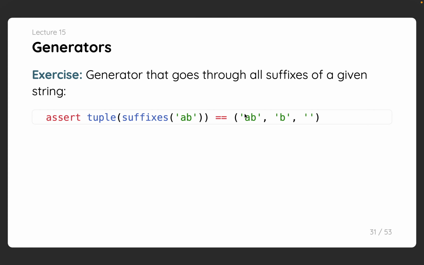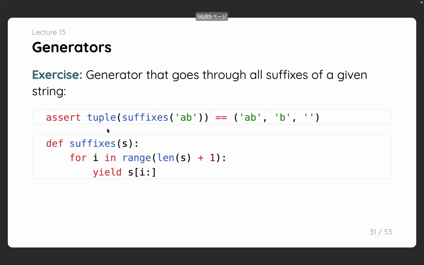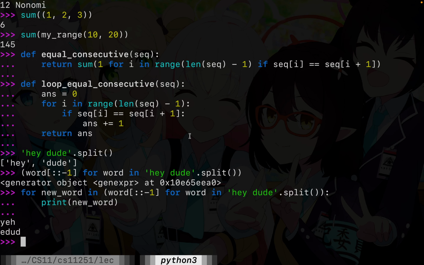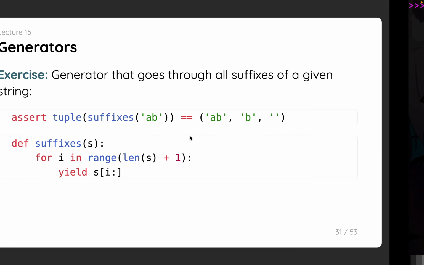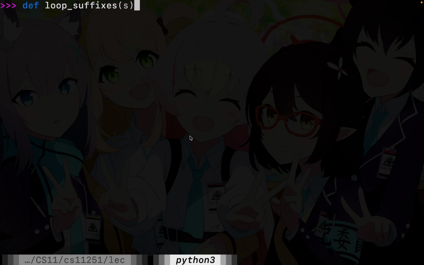How about this? A generator that goes through all suffixes of a string. Typically, how we did that is something like this. Let's say loop suffixes, then we're given a string s.